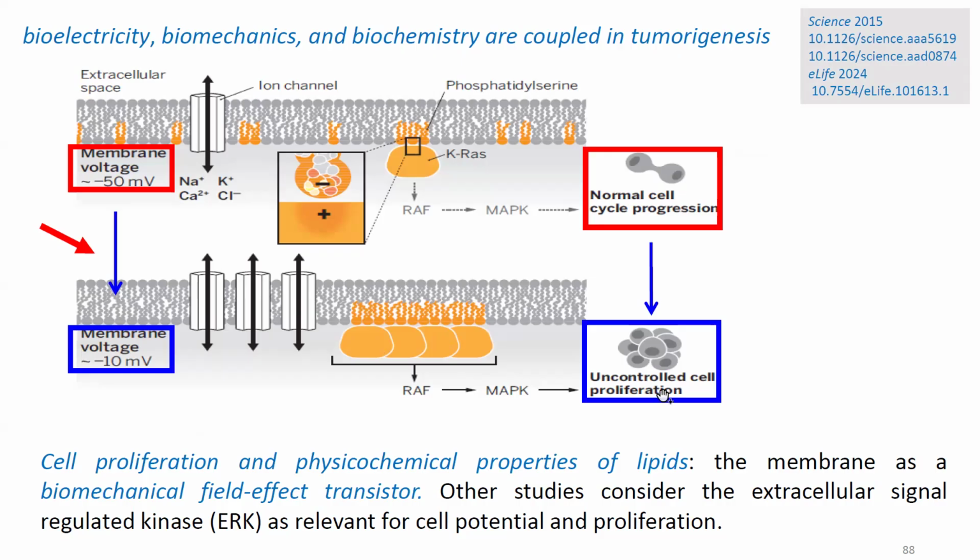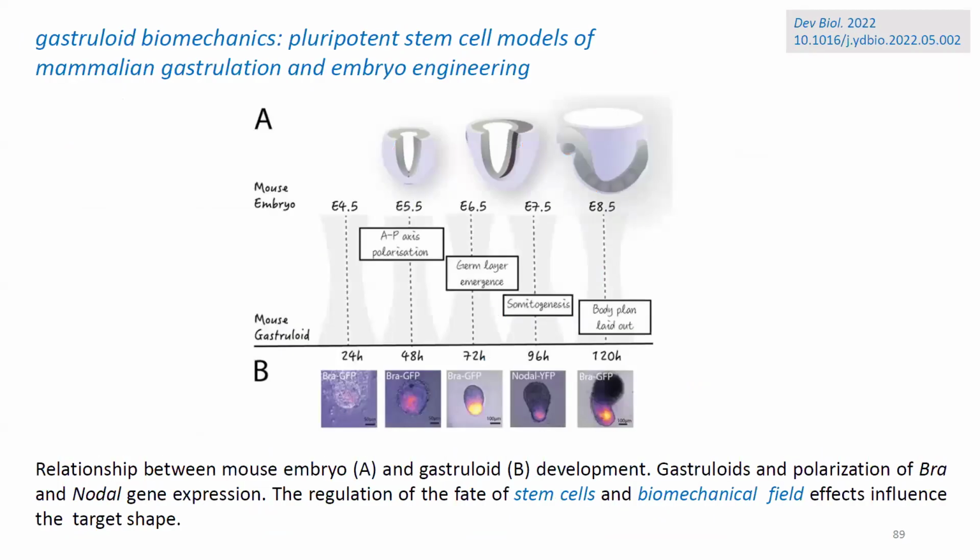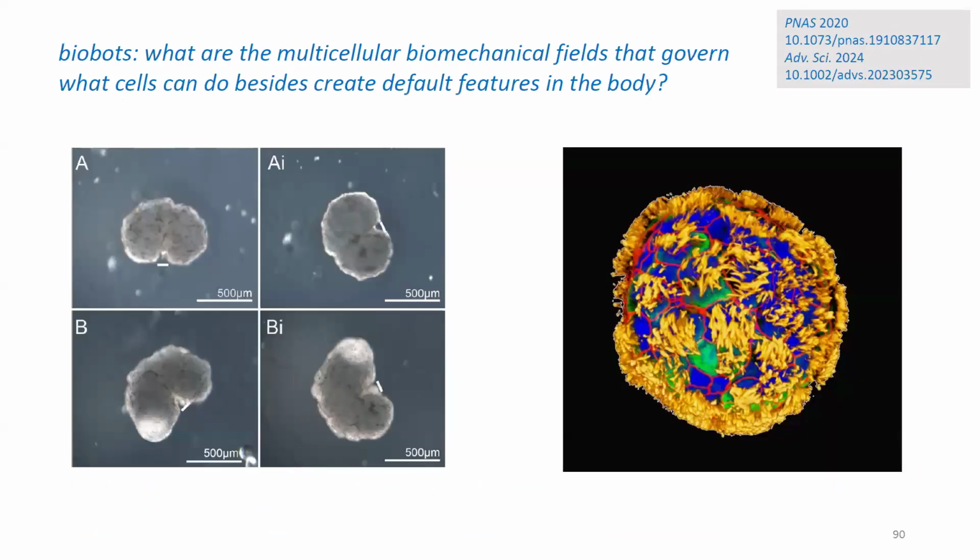So these real problems, gastrulation is another problem, tend to show that biomechanics can be coupled to bioelectricity in many cases. Also Biobot: if you want to recreate Biobot in modeling, biomechanics is essential.